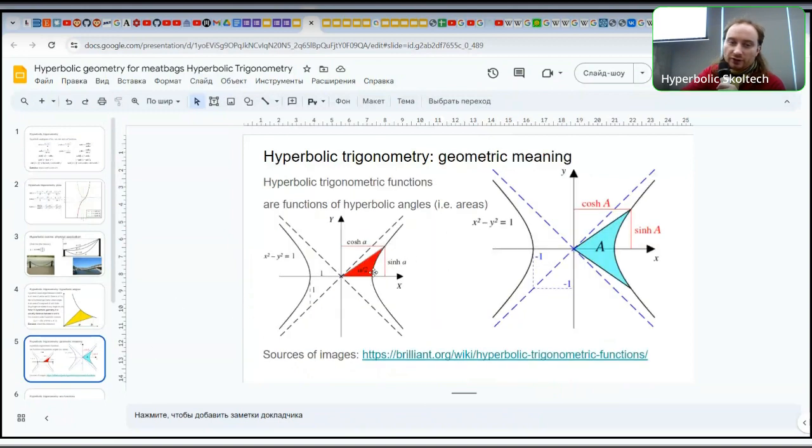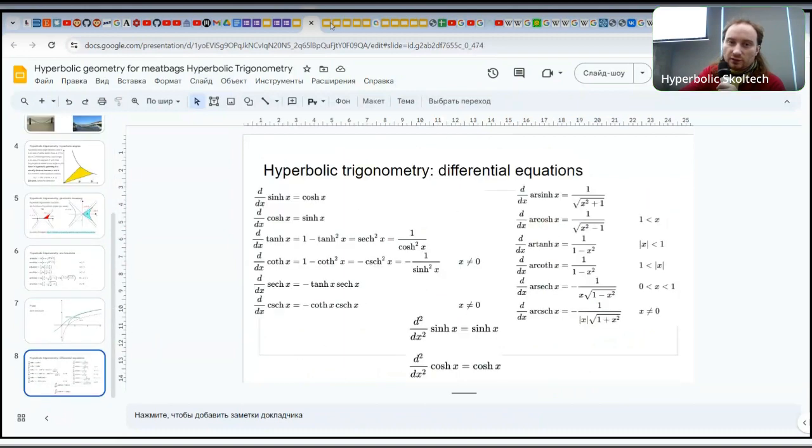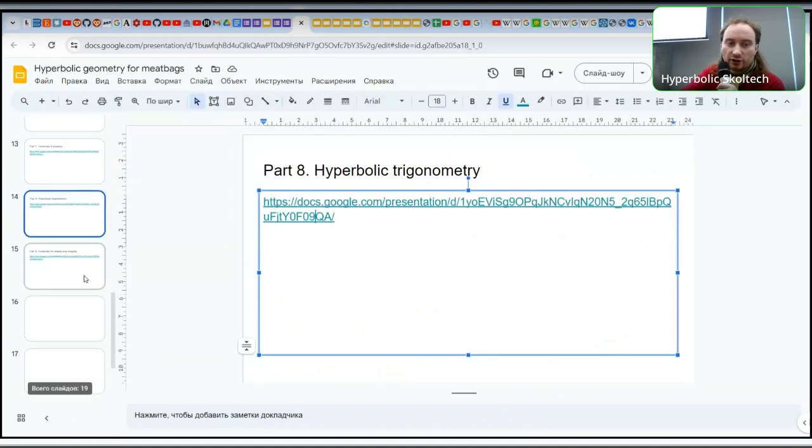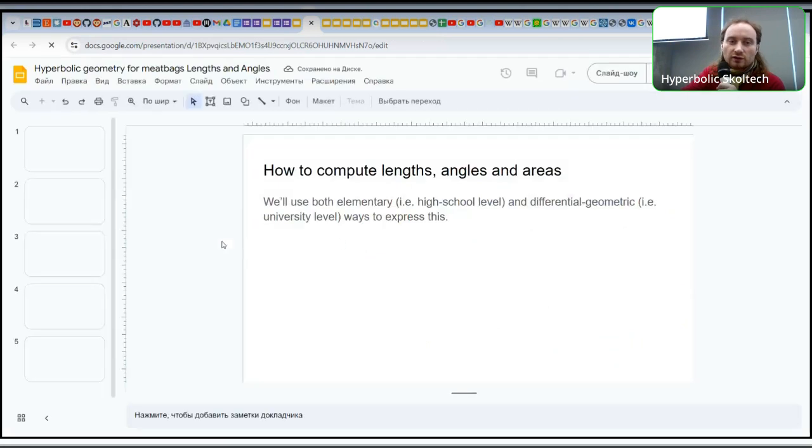Like this. Okay. And they will be important for some formulas, even in applications.